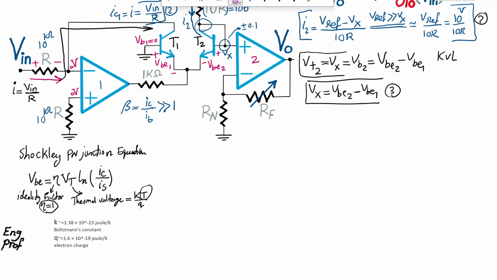That would be the same for both of them because they are sitting very close to each other on the same substrate. So T is temperature in Kelvin. For example, room temperature of 27 degrees C translates to 300 Kelvin. With that and these constants K and Q, if you substitute, you get Vt, the thermal voltage, of roughly about 26 millivolt at room temperature.